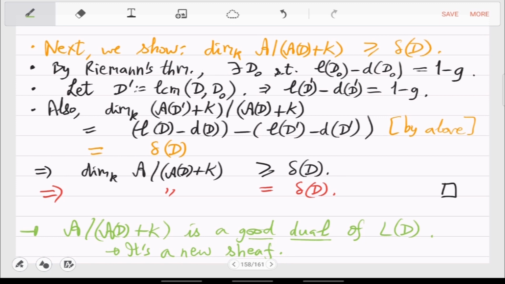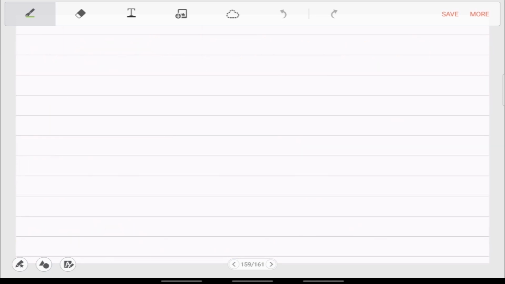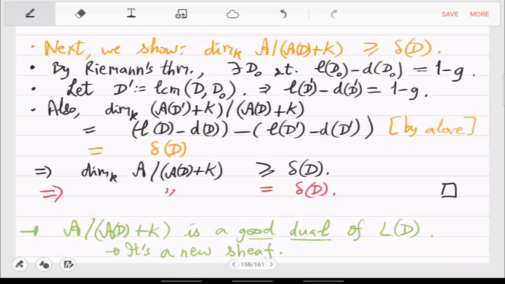Okay, so we'll use this to now prove the Riemann-Roch theorem, but we have to finish that proof. What we will do is now we look at the linear maps from this new sheaf to the base field small k.